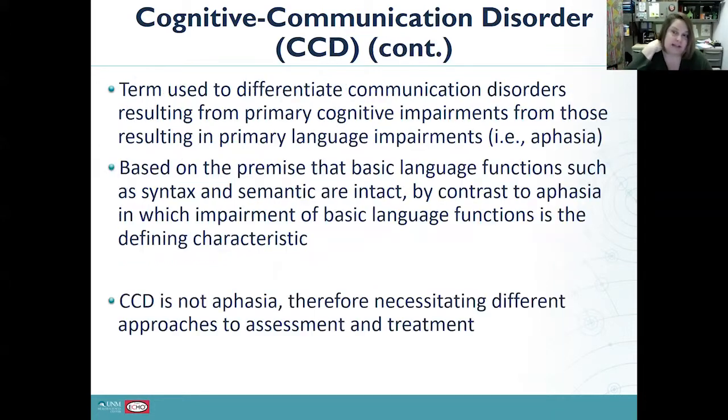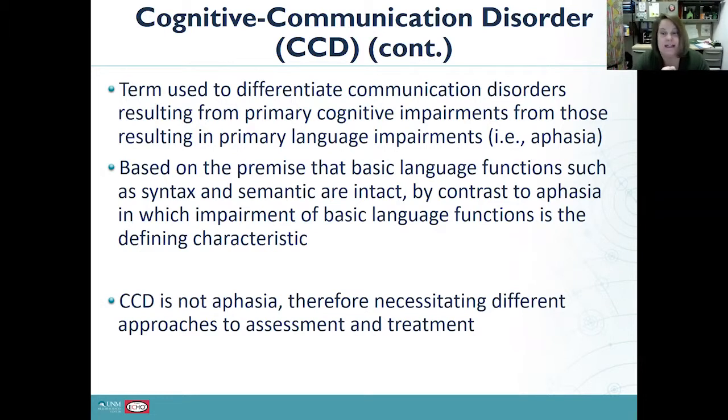So if you can go to the next slide. Again, this is used to differentiate communication disorders resulting from primary cognitive impairments from those that are from primary language impairments. It's based on the premise that in these folks with CCD, basic language functions such as syntax and semantics are intact, which is in contrast to aphasia, where the problems with the basic language functions of syntax, semantics, form, phonology, are the defining characteristic of that disorder.